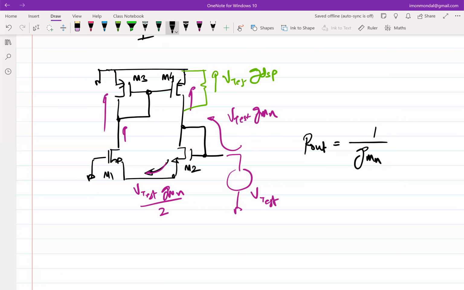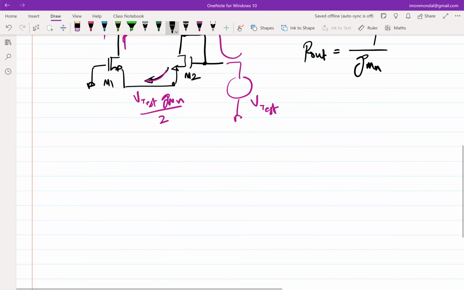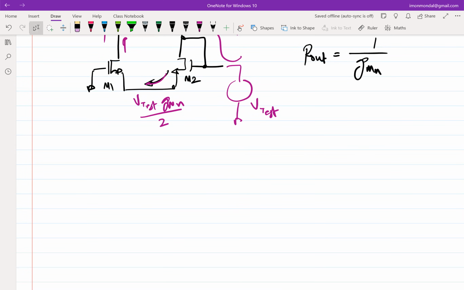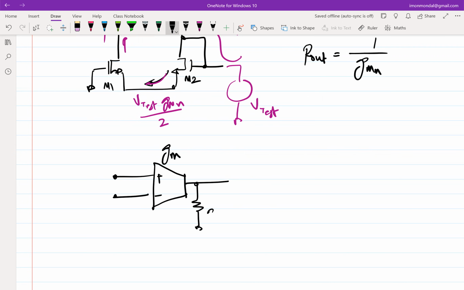So the other way of looking at the same thing is, if we go back to the previous lecture, we saw that this differential amplifier is essentially, we are replacing it with this. And it has an output resistance of 1 over, let me just write in terms of conductance, GDSN plus GDSP.